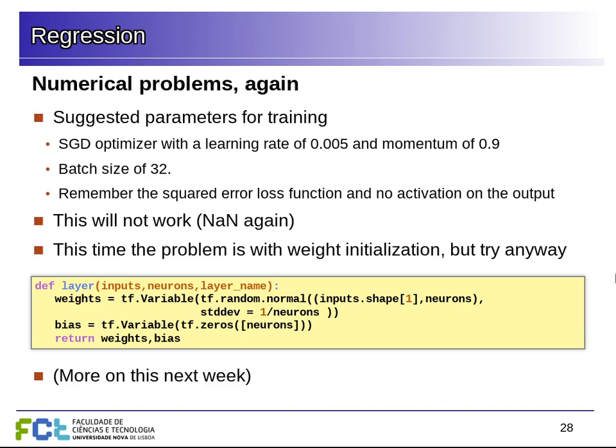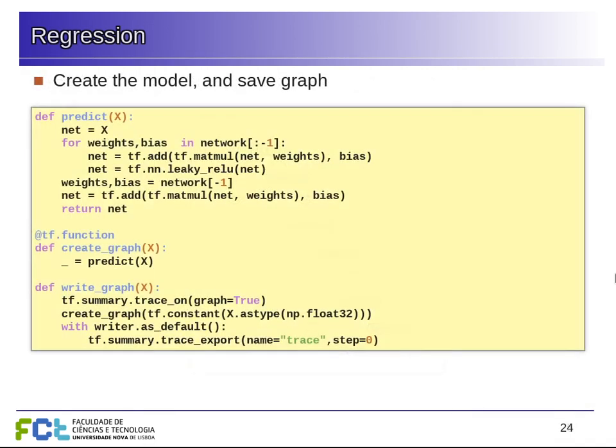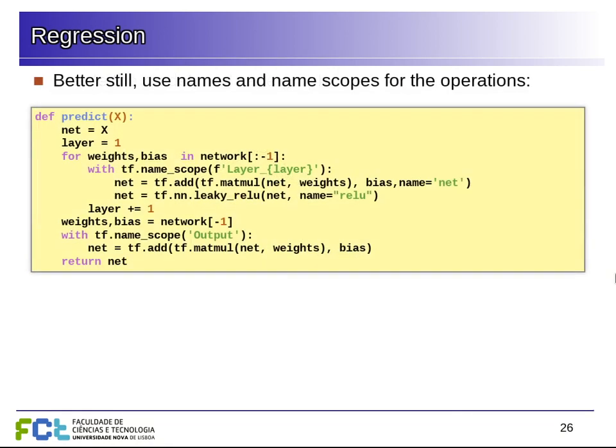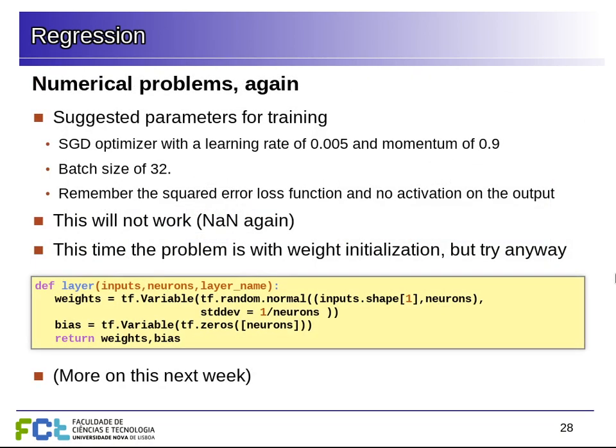So one adjustment that you can do is, instead of initializing your layers with a random normal distribution with a standard deviation of 1, you can do it with a standard deviation that is 1 over the number of neurons in the layer. So the more neurons you have in the layer, the smaller the weights will be initialized, so that you avoid this problem. There are more sophisticated initialization methods. We're going to talk about them in another lecture, but you can experiment with this one for now.